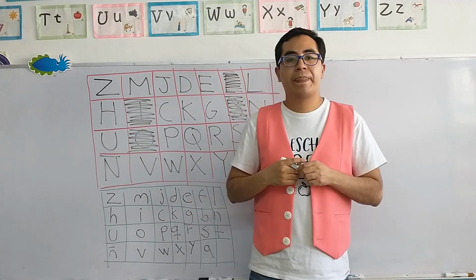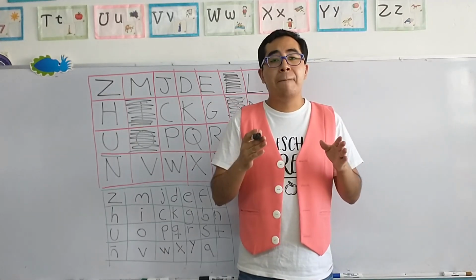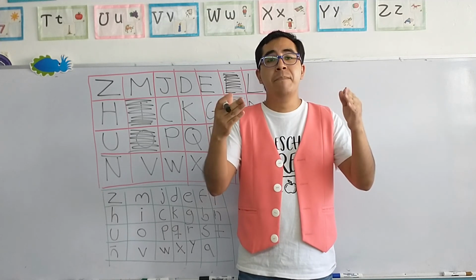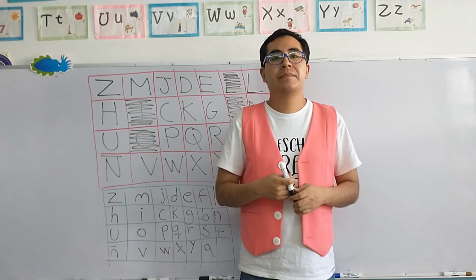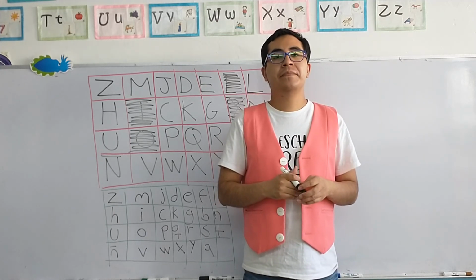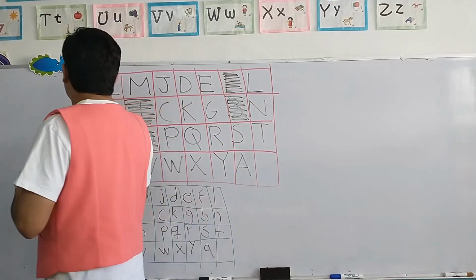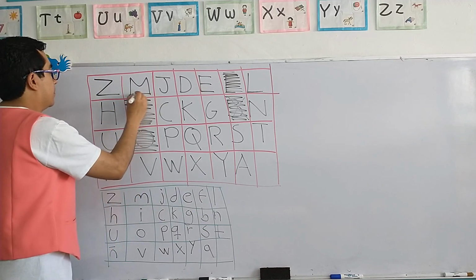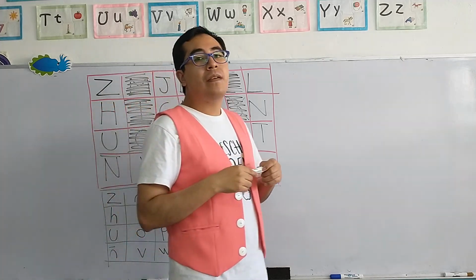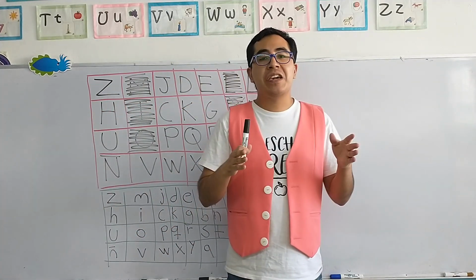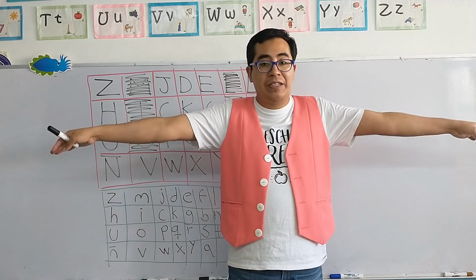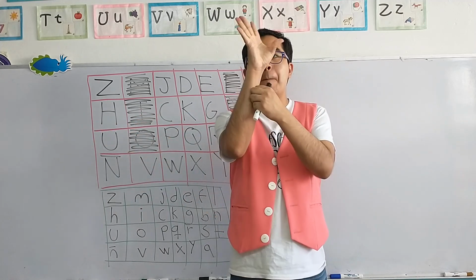Next letter. Capital M of mother, Monica, milk, moon. Capital J of Jacob, of jeans, of jacket, of Jack in the Box.